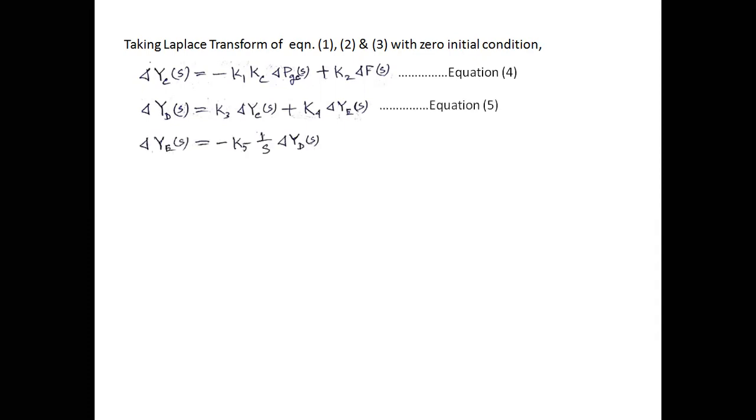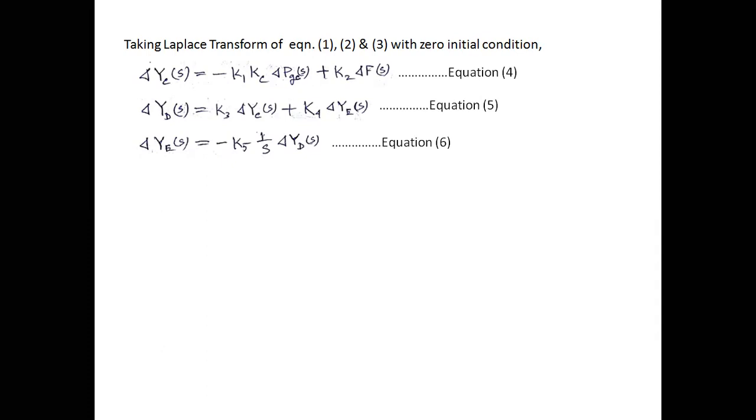And then after taking Laplace transformation of equation number 3 with the integration, we have this 1 by s part, because this is an integration. So del YE(s) equals minus K5 times 1 by s del YD(s). This is your equation number 6.